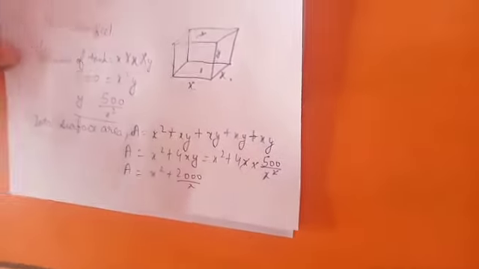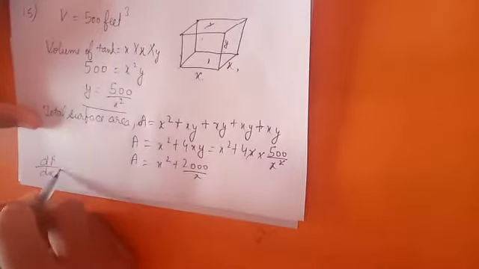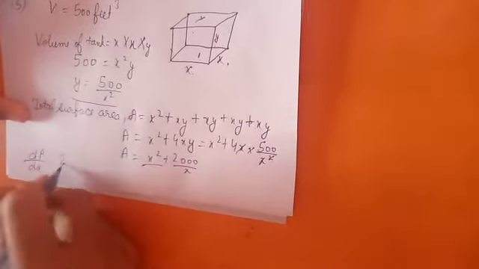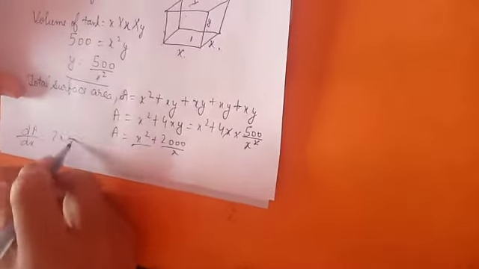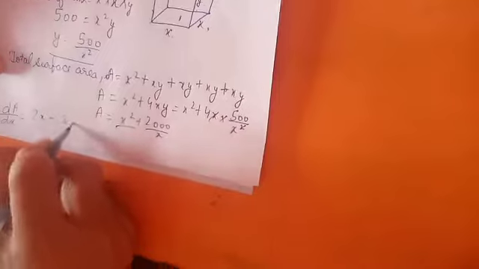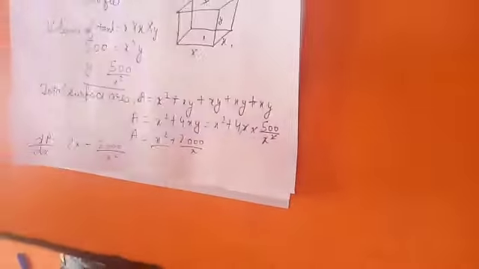Now I can differentiate it, so its dA by dx will be, differentiation of x square is 2x, and of 1 by x, 2000 stays as it is, minus 1 by x square, so it will be the differentiation.